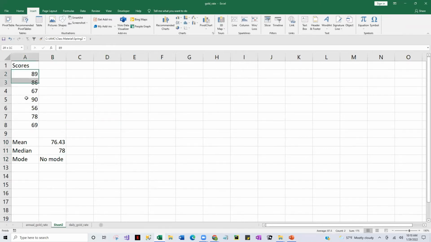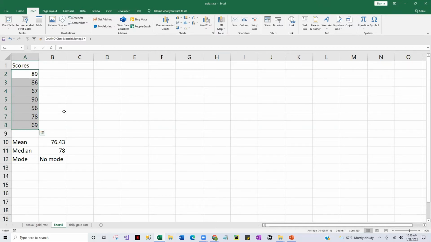So here, if I'm going to compare two sets of scores, then my mean will be good. Let's say if I'm going to compare within the data set, I want to know which is the middle number.